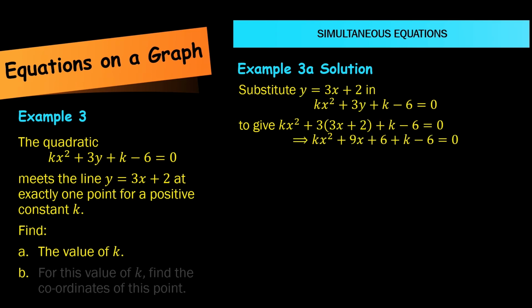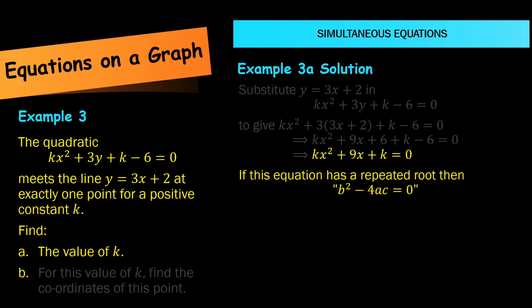We expand the brackets, and then tidy up, as shown. Now, the question tells us that this equation has a repeated root. Therefore, b squared minus 4ac is equal to 0.